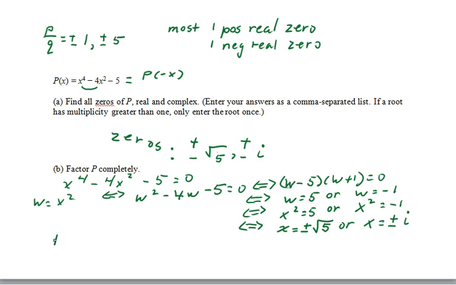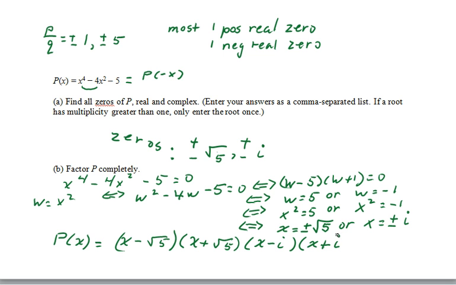The factorization, p of x would equal x minus the square root of 5 times x minus the negative square root of 5, which is x plus the square root of 5, times x minus i times x minus negative i, which is x plus i. Fourth degree polynomial, 4 linear factors over the complex numbers.